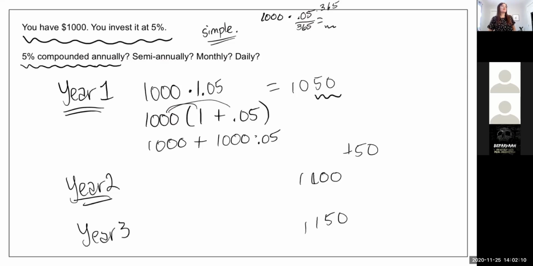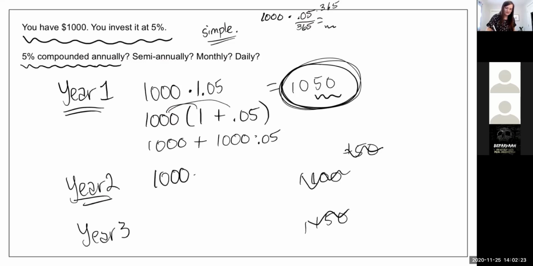But that's not how compounded works. Compounded means you're going to now earn interest on this new amount. So you're going to take that 1,000 times 1.05, which was your 1,050, and now you're going to take that and multiply it again by 1.05. So instead of starting over and adding it on, you're now just taking that and now you're earning interest on interest.